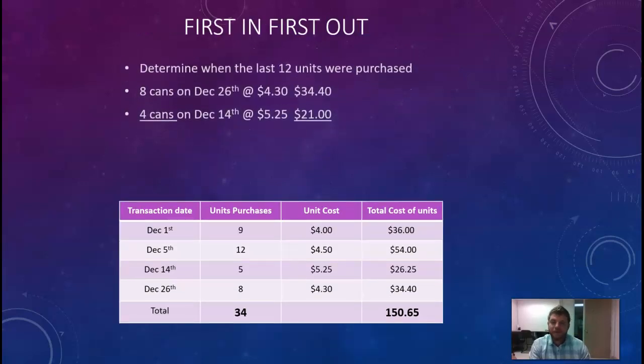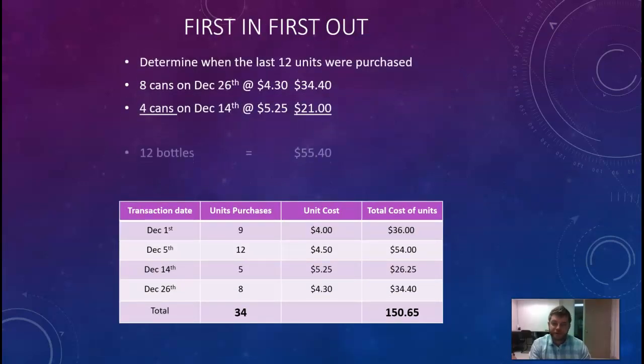Perfect. Next one is first in, first out. We know that we have 12 bottles remaining, so again we're going to work backwards. First in, first out means that whatever we purchase first will be the first one sold. So all these 9 will be sold, these 12 will be sold, and one of these 5 will be sold, leaving us with 12 remaining.